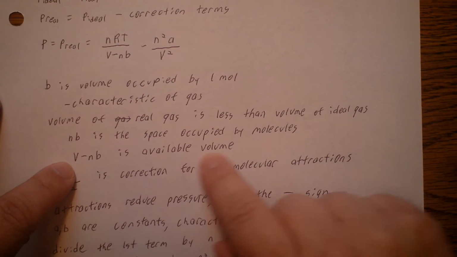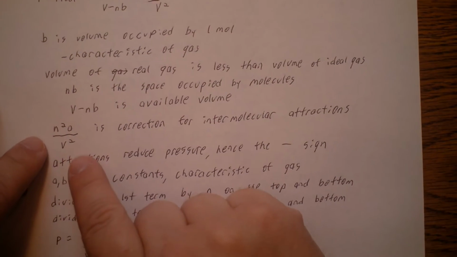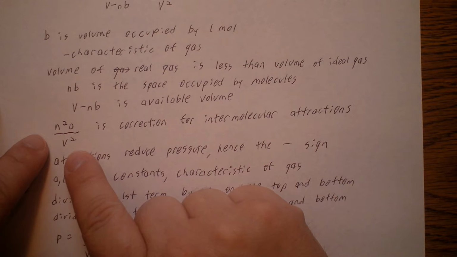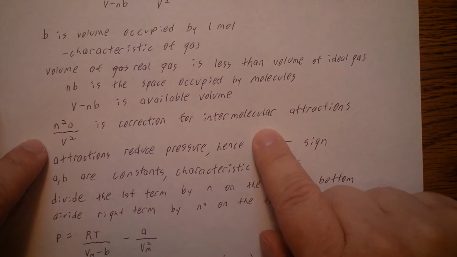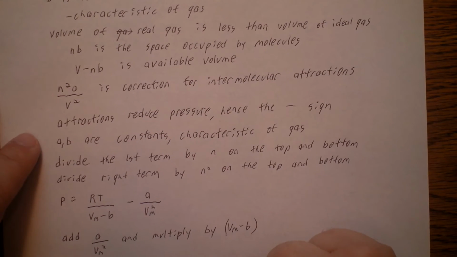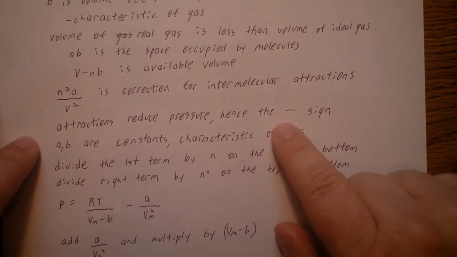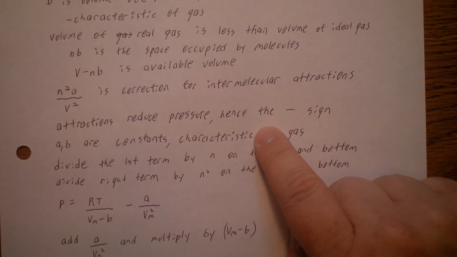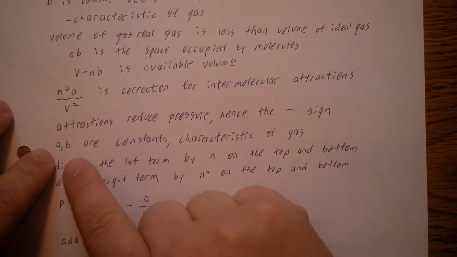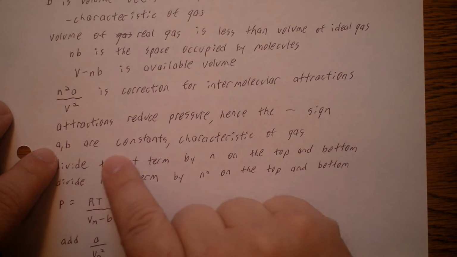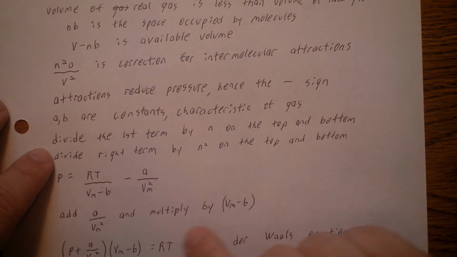So V minus nb is the available volume. Then the n squared a over V squared term is the correction for intermolecular attractions. Now, the attractions reduce pressure, hence the minus sign in the equation. You subtract it out. Like I said, both a and b are constants and they're specific to the gas.